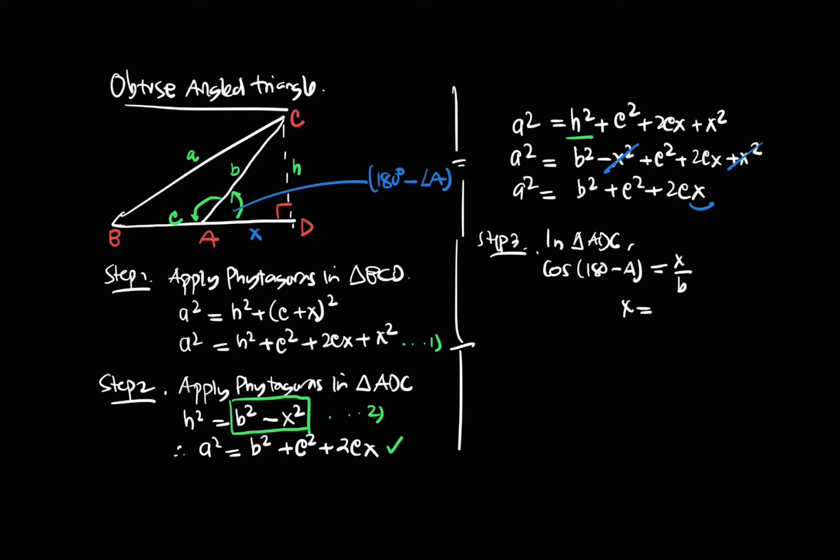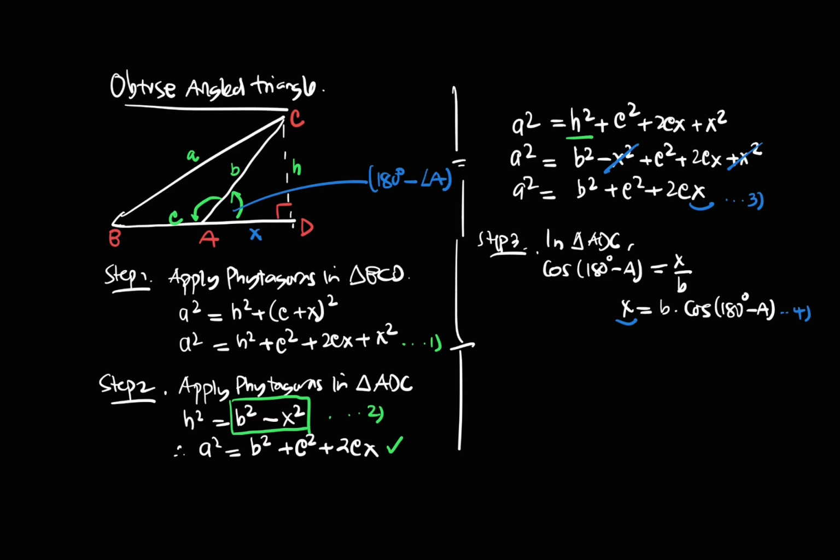So x can be converted into b times cos of 180 minus A. Now substitute this value. This is equation 3. This is equation 4. Substitute the x into this.